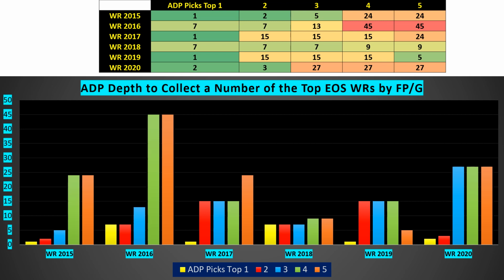We haven't seen that much. There's a lot of variation in the 4th, the 5th. So if you're trying to find that needle in the haystack, it's probably going to be the 4th or 5th wide receiver that is going to be buried deep, but probably not later.